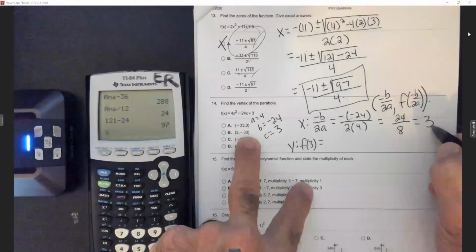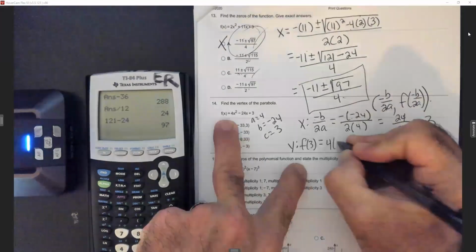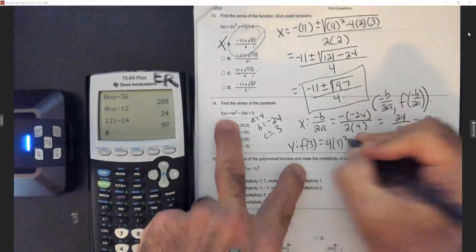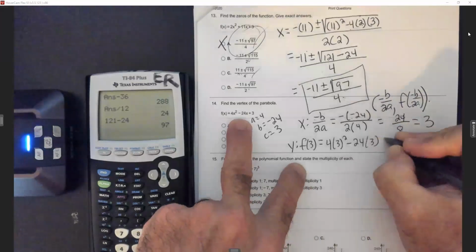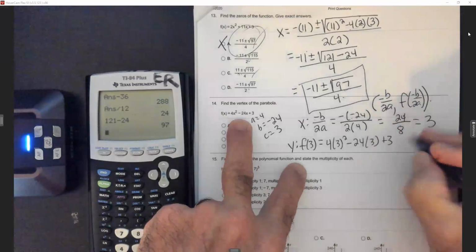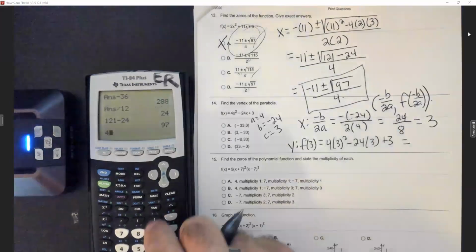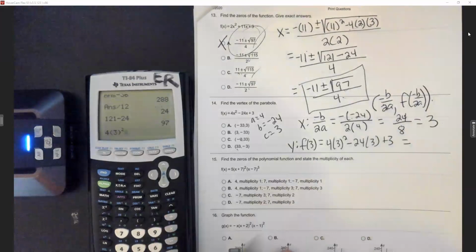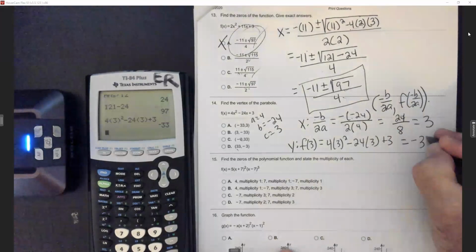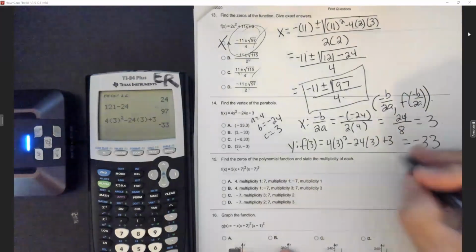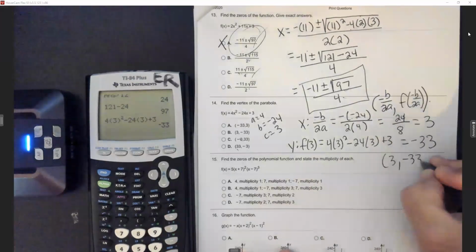Put a 3 in here. 4 times 3 squared minus 24 times 3 plus 3. So let's see what that gives us. Y'all look at that. Gives me a negative 33. So my point was 3, negative 33, which was B.